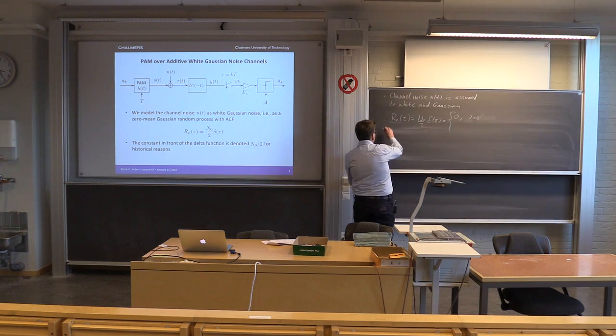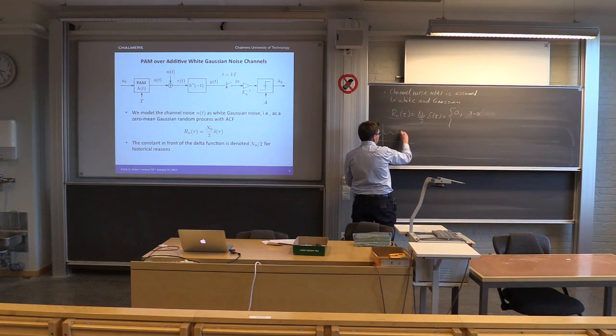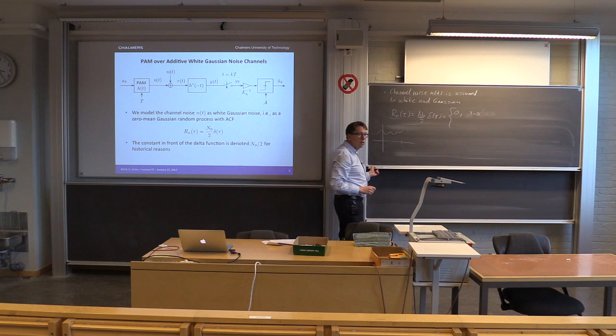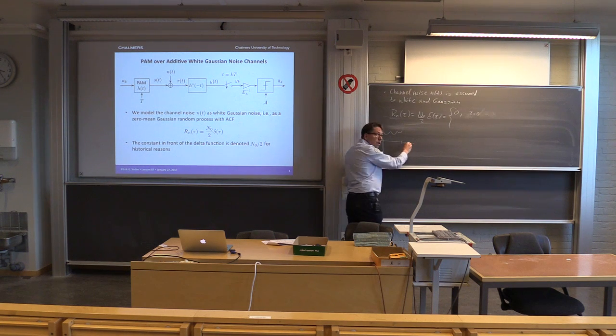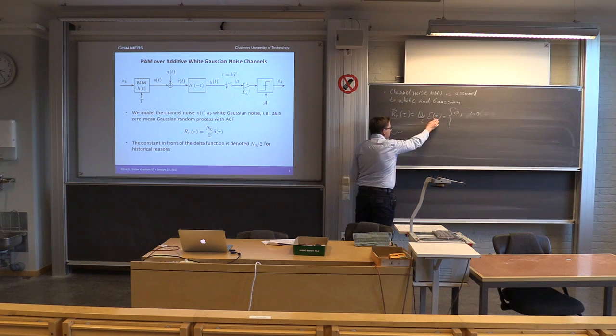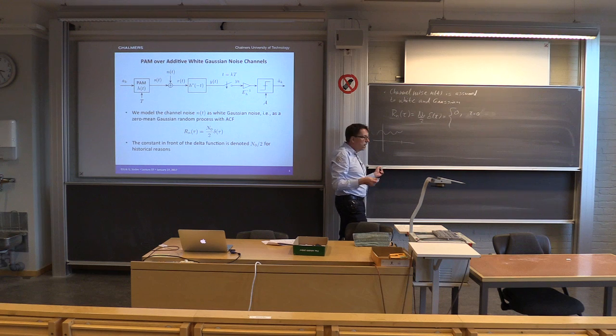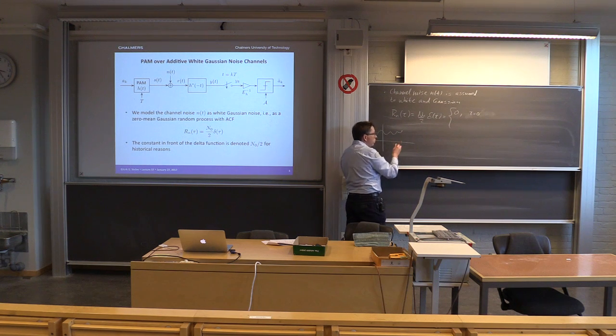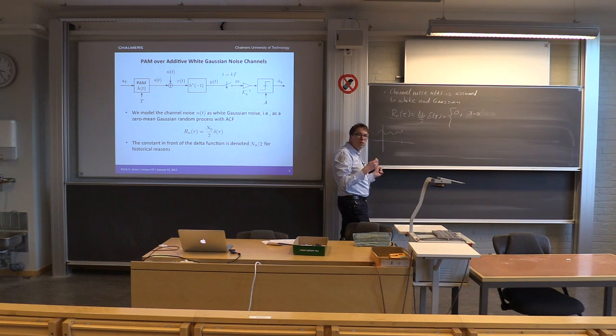Meaning that if we knew the noise process up to a certain time, what is it in the future? That's a question of predictability. So if the autocorrelation function is of this nature, it implies that even if I knew exactly the amplitude of the noise at this point in time, and maybe for all eternity before this point in time, it tells me exactly nothing about what it is in the future. There is no predictability left.